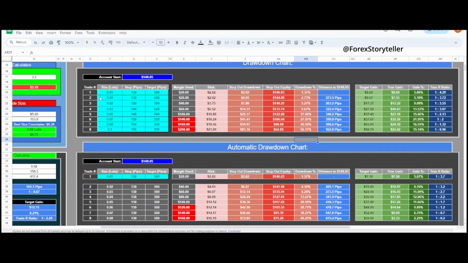Now, if I'm going to be wrong more than that, if I'm having a losing streak, then by the fifth trade or so, I may start to reduce. I may start going back down to a 0.02. And then, if I still didn't get that, I may do another 0.02 again. And if I'm still losing by that point, then I may go even smaller still until eventually I start winning, and then I start to bring that size back up again and start reaching for that break even point again.